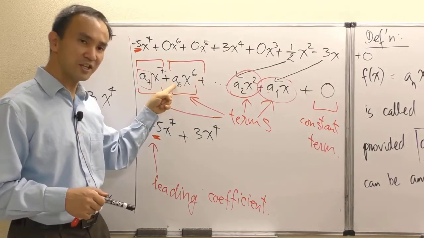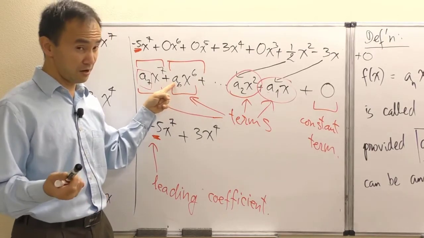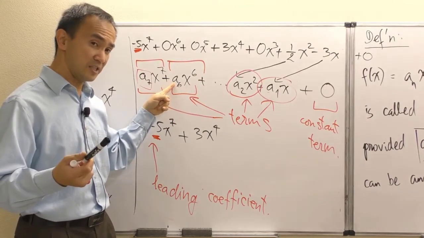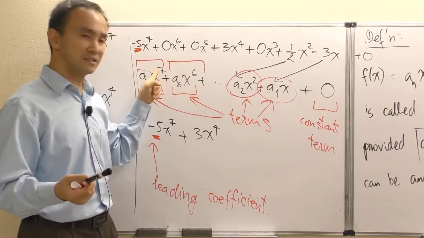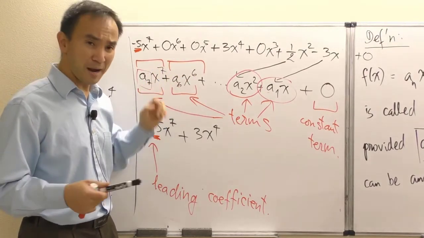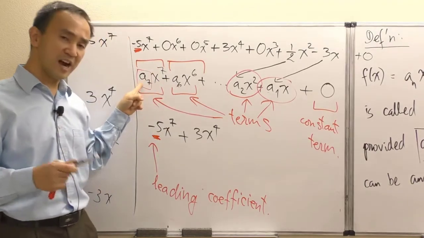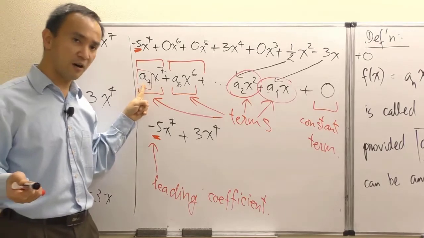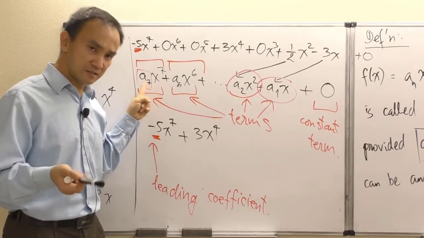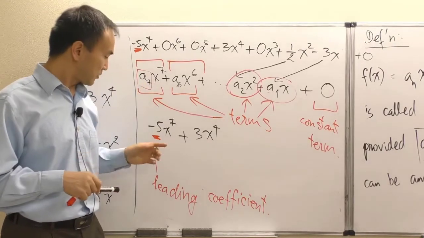Like the A6 right here is a coefficient. It could be zero, negative, or positive, as long as it's with a term below the highest power. So the coefficient for the highest power, we call the leading coefficient, and it always has to be non-zero. Okay, so leading coefficient.